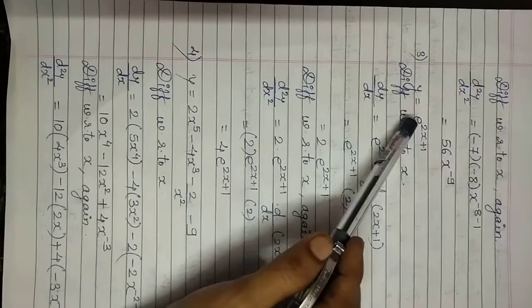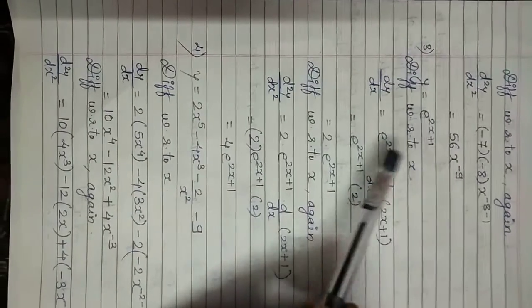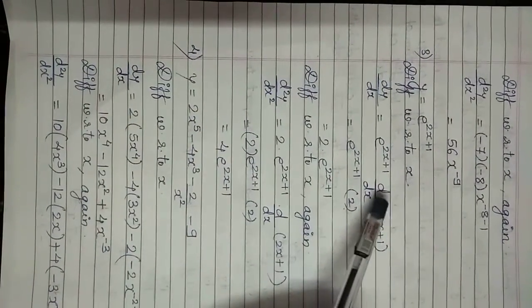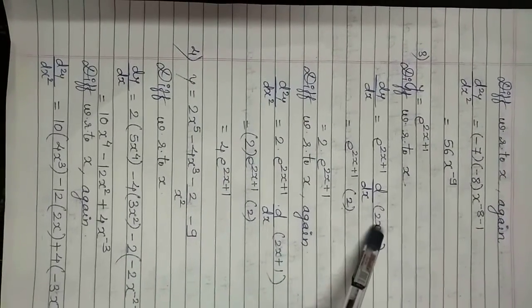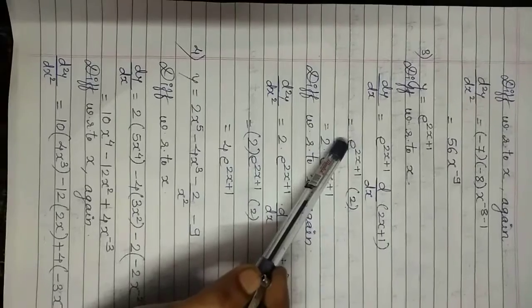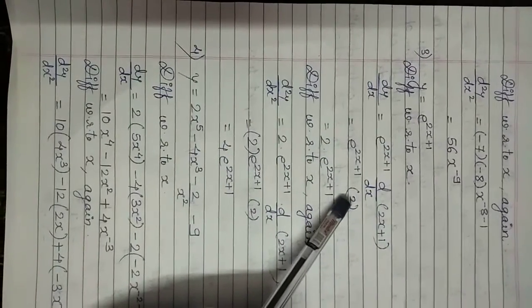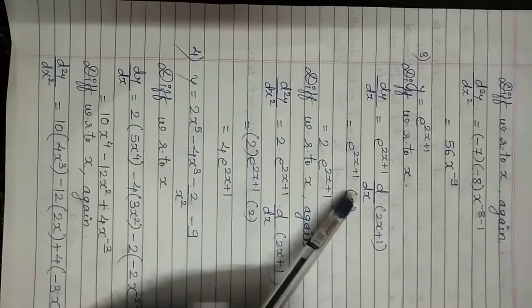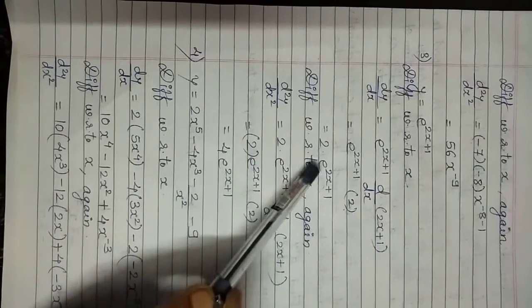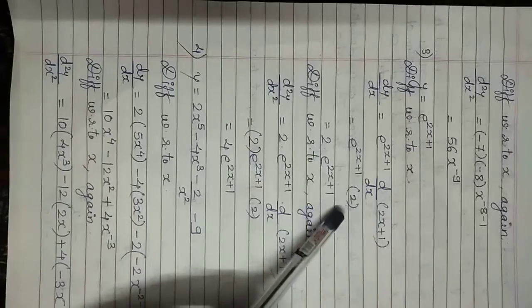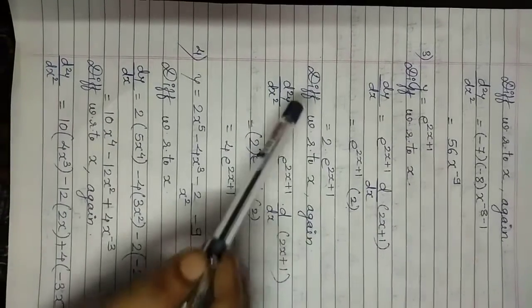So as we read this as e raised to x, the derivative is e raised to x into the derivative of that x term, which is 2x plus 1. So the answer is e raised to 2x plus 1 into 2, because the derivative of 2x is 2 and the derivative of 1 is 0. So 2 into e raised to 2x plus 1. Now this is the first order derivative.